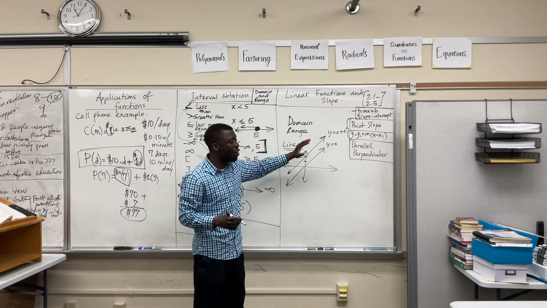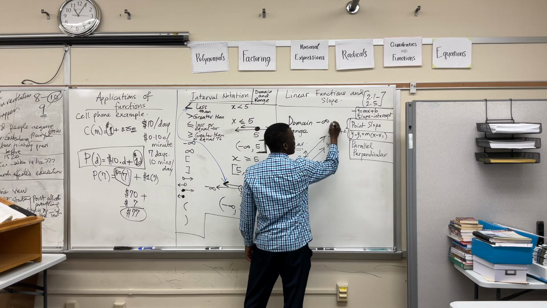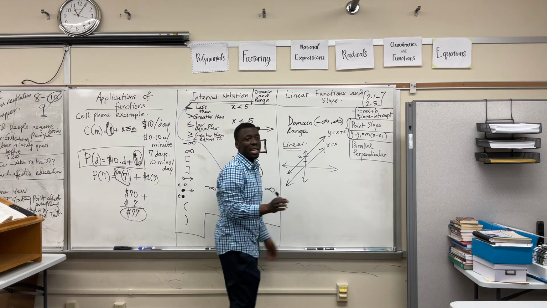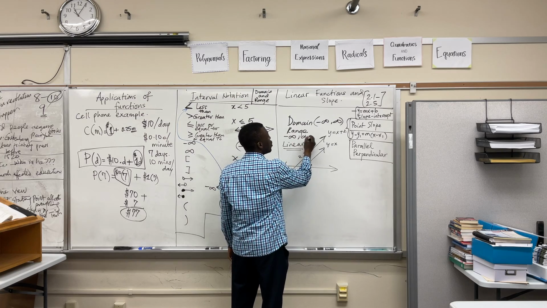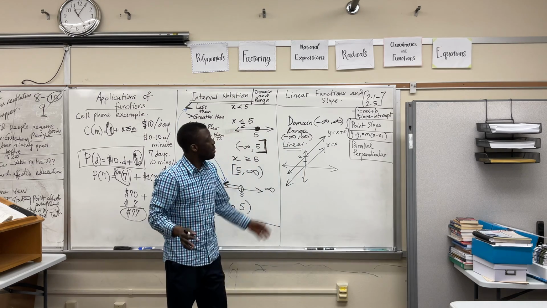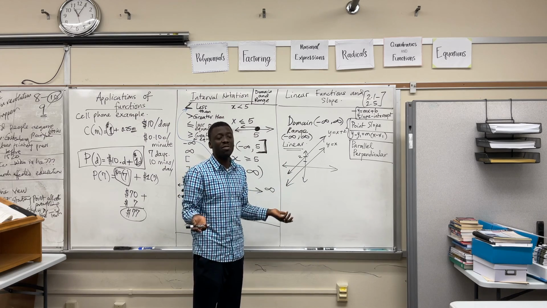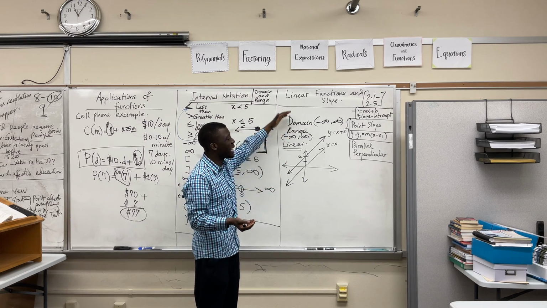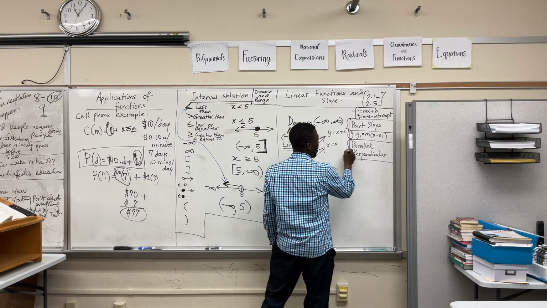The domain of both of these functions and any linear function is from negative infinity to infinity. That's the domain. All values are okay. And that is the same with the range. All values are okay, because there's no value you can give me for a linear function that will be undefined. That's just the nature of linear functions. Okay? So that's what we do there.